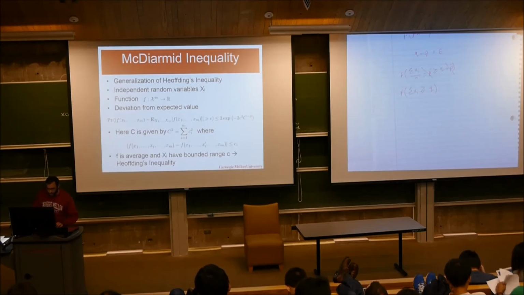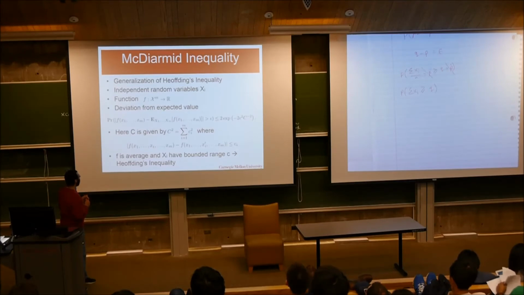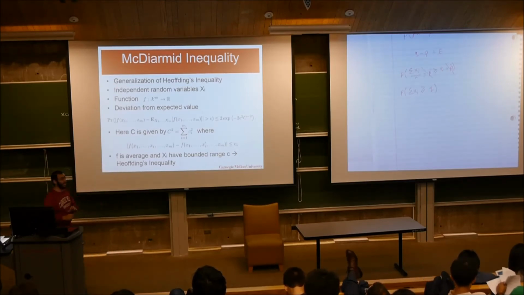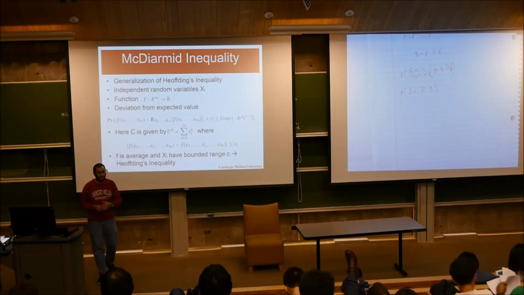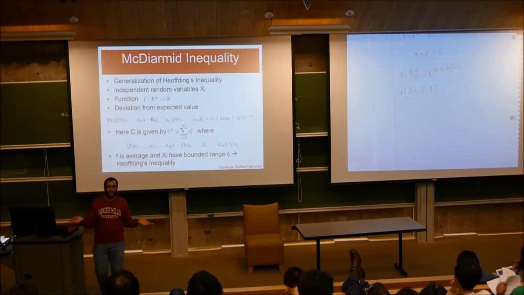So the following two items are not as important as Hoeffding's inequality. This is a nice generalization of Hoeffding's inequality. It might look unpleasant, but it's really not that complicated. For Hoeffding's inequality, we're talking about empirical average and true mean, right?